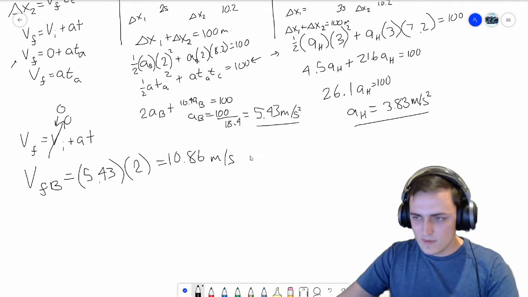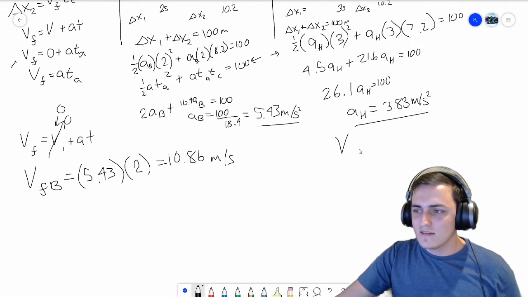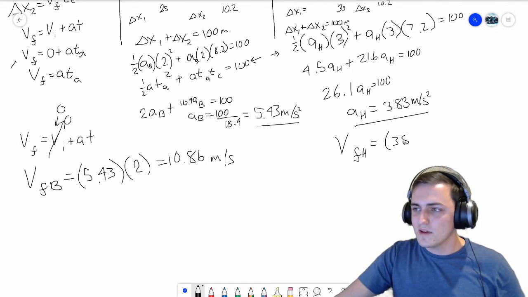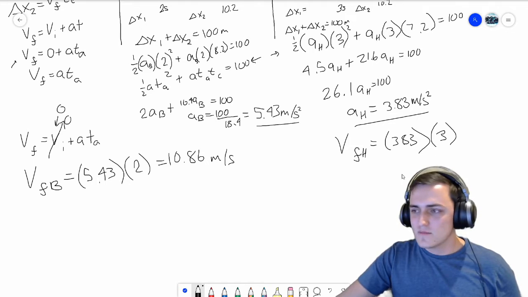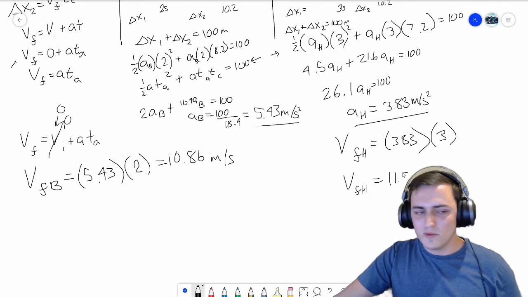Yep, that matches. And we can do the same thing. V final for Henry is just his acceleration of 3.83 times the time of acceleration. His time of acceleration was 3 seconds. And so the final velocity of Henry is going to be 11.5 meters per second.